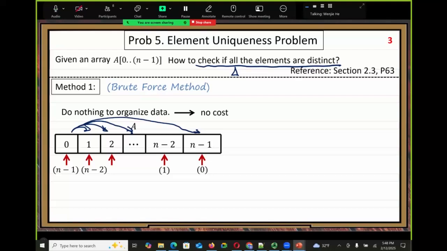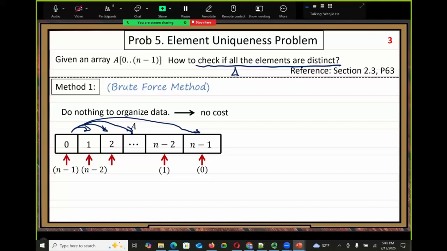If it's distinct, then your function returns true, the array contains distinct elements. Otherwise, when you detect one element is duplicate somewhere, then you return false.